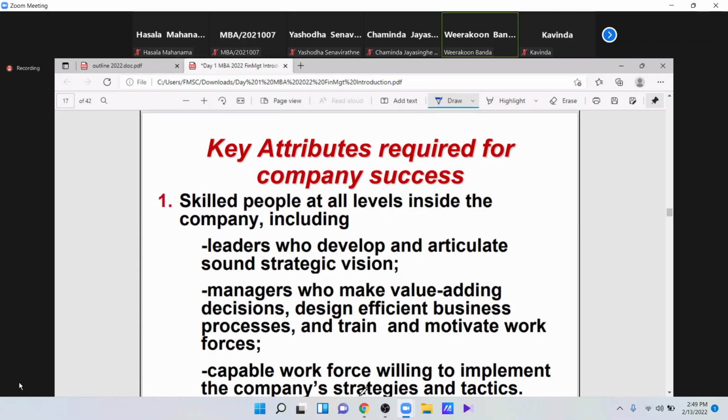Managers who make value-adding decisions, design efficient business processes, and train and motivate workforces. So the company maintains the efficiency level, they train and motivate the people, and they design efficient business processes.